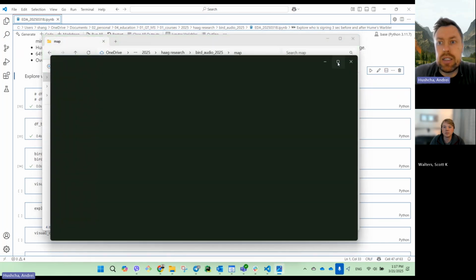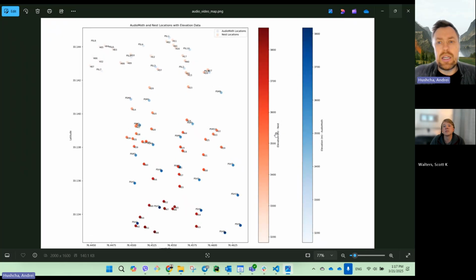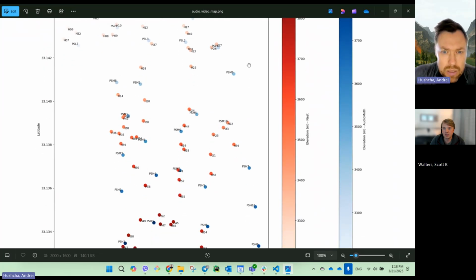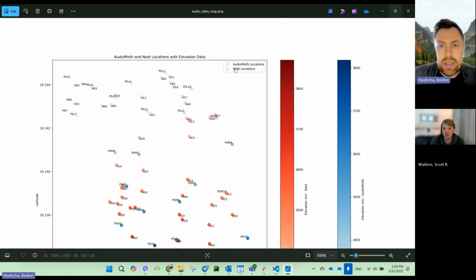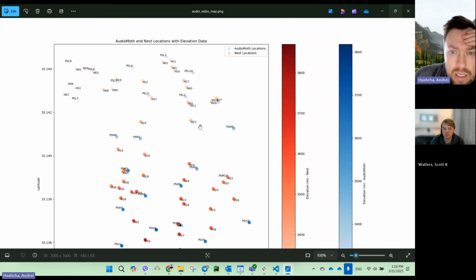I have to connect the nests, the elevation, and the mics. Blue is the outermost mics and red is the nest locations. PSL 10, actually let me find it, PSL 10 is the champion.